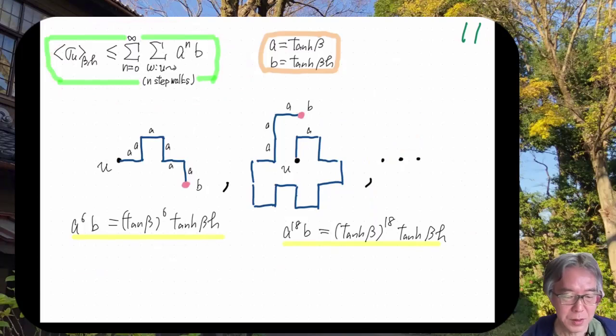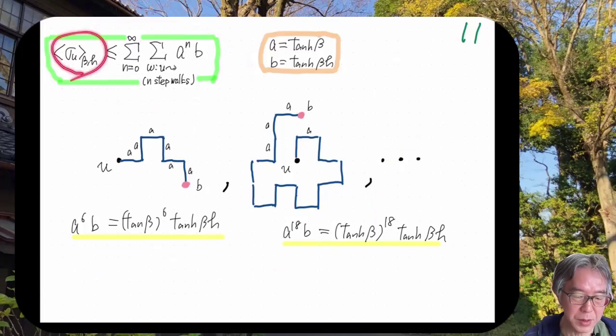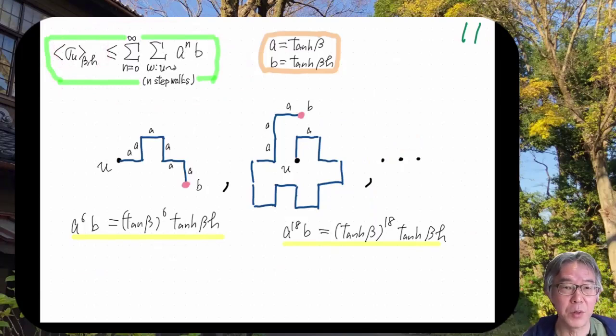Okay, and here you have the expectation value we want to upper bound, and as I explained before, here we have a sum over all random walks. We first sum over all the number of steps, and here I just sum over all possible n-step walks that start from u.